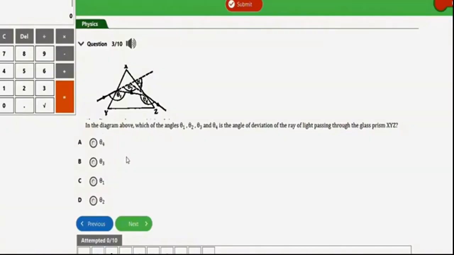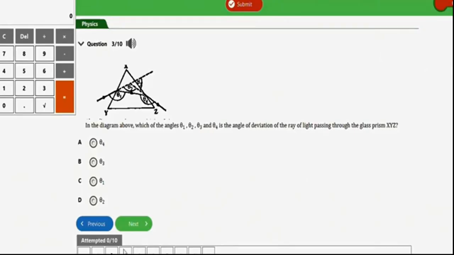Basically the angle of deviation of the ray of light passing through the glass prism XYZ will be here at this theta subscript 3. Okay, so that's it for this question. It's as simple as this.